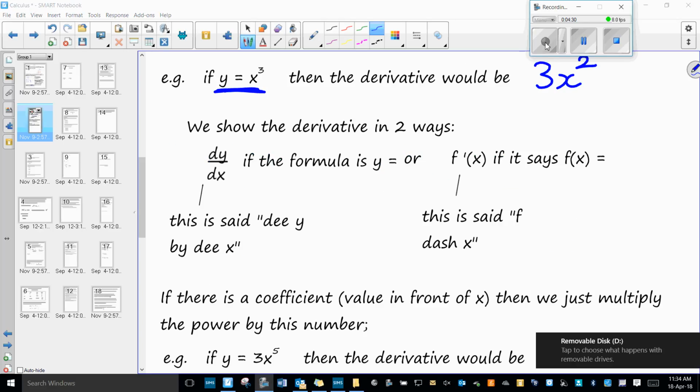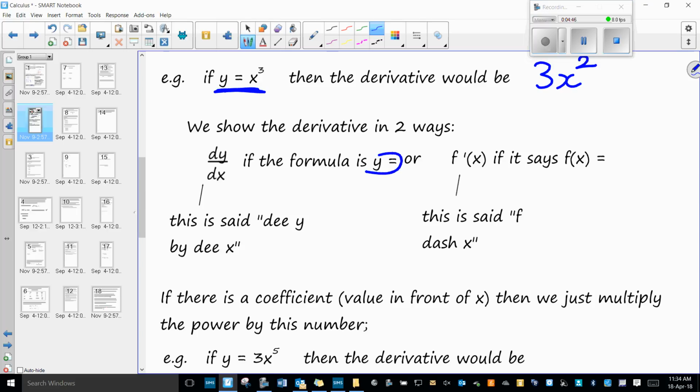Now we've talked about dy dx, so we talked about that when we did first principles. But there are other ways of showing that something is being differentiated. If your original expression starts with y equals, which is what this one up here did, we would say dy dx represents the derivative. In some cases it will have f(x) equals.